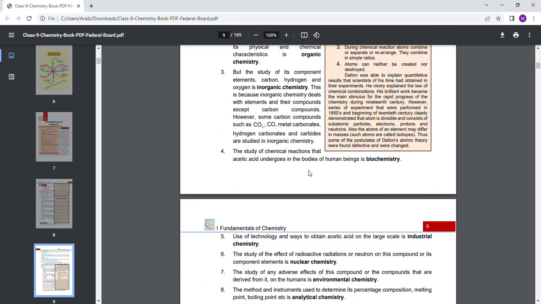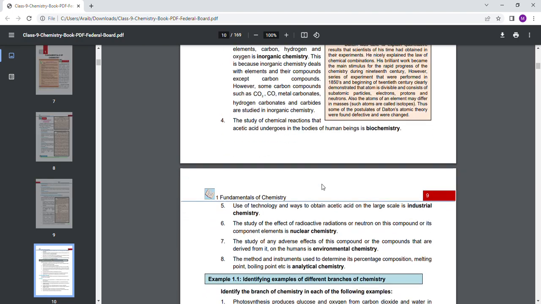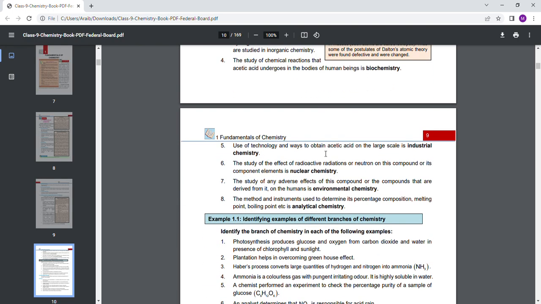The study of the chemical reactions that acetic acid undergoes in the bodies of human beings is biochemistry. Use of technology and ways to obtain acetic acid on a large scale is industrial chemistry. The study of the effect of radioactive radiations or neutrons on this compound or its component elements is nuclear chemistry.